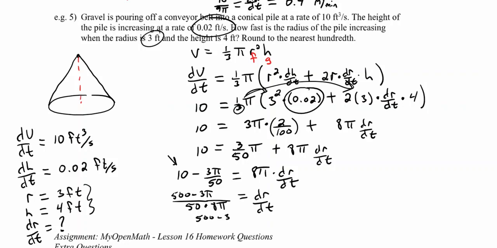So 500 minus 3 pi over 400 pi is equal to dr/dt. And we're done. That's roughly equal to 0.39 feet per second.